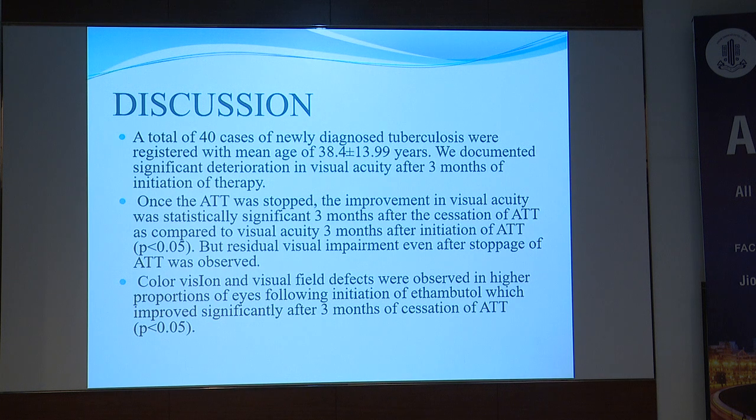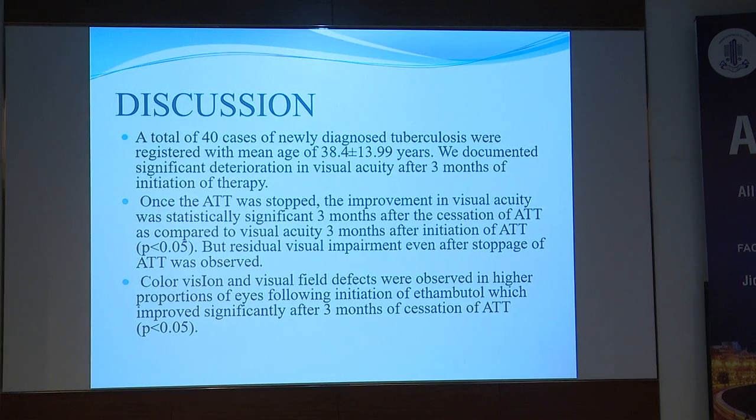So we had a total of 40 cases of newly diagnosed tuberculosis who were registered with us. The mean age was around 38.4 years. We documented a significant deterioration in visual acuity after 3 months of the initiation of therapy. And once the ATT was stopped, the improvement in visual acuity was statistically significant, that is 3 months after the cessation.